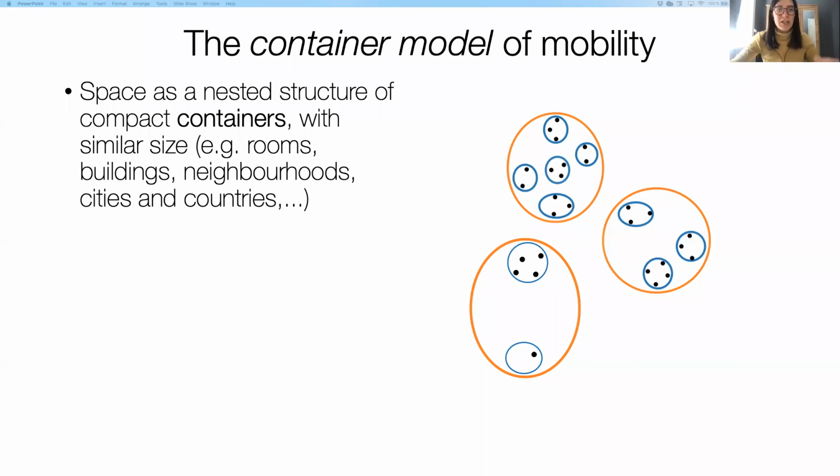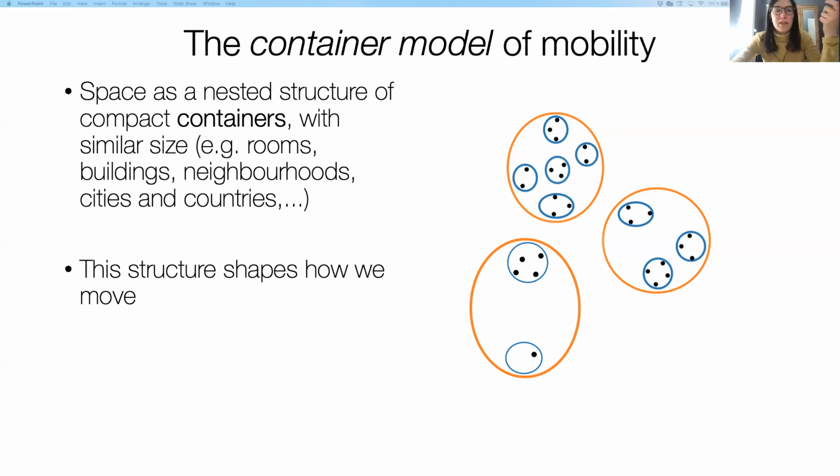So let's imagine that each of us moves within a space that is characterized by a hierarchical set of containers. So we have, in this schematic representation, locations, black dots, encapsulated by buildings, blue containers, encapsulated by neighborhoods, orange containers, and you could go further and further and have a really hierarchical set of containers.